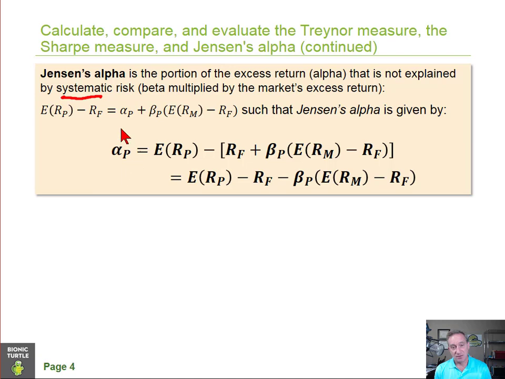And so here we have the capital asset pricing model, or at least the ex post version of the capital asset pricing model, right, where we say the excess return, we would expect it to be ex ante a product of beta and the market's excess return, but ex post we observe some difference there, and so that difference is going to be alpha.